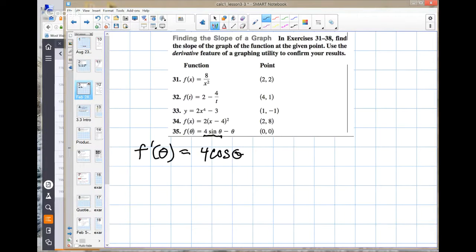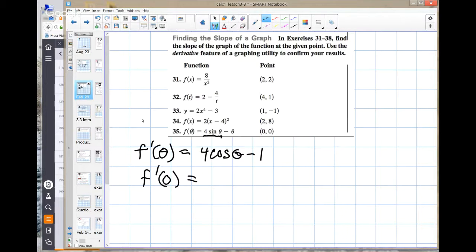And then if you think of theta as an x, what's the derivative of x? 1. Sometimes it's hard to think of when you have a different letter in there, but that should be our general derivative. So now the question is, what's f prime at 0?